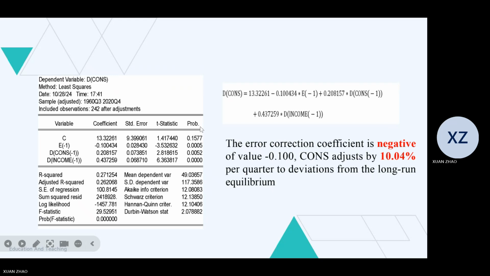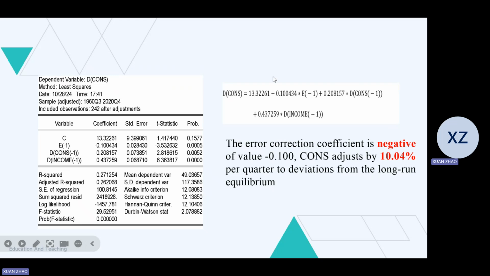Then the study creates the ECM model to capture the short-run dynamics and long-run equilibrium relationship between consumption and income. Here is a constant, here is the error term, here is the first difference of consumption, and this one is the first difference of income.